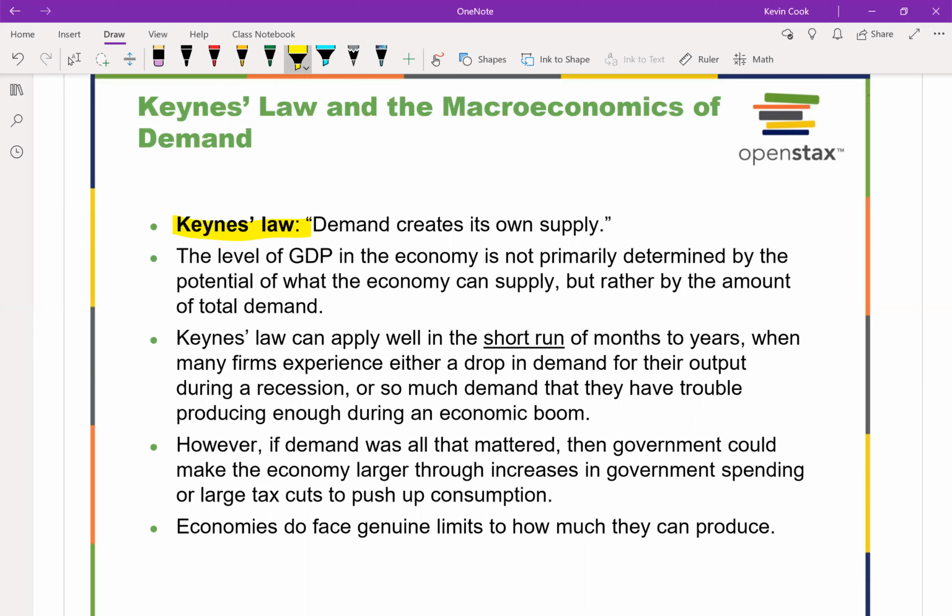So something you can look into, if you're interested, is this idea of the broken window fallacy. If you get the chance, look into it. It's a fun, interesting idea.